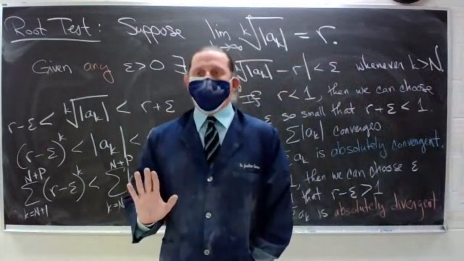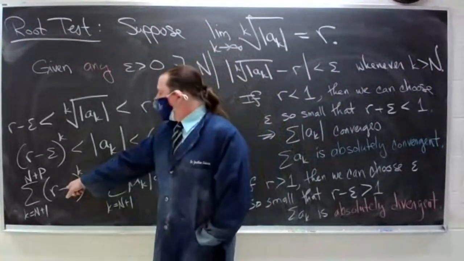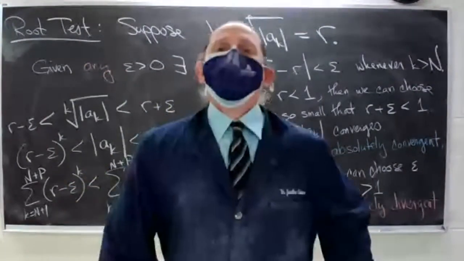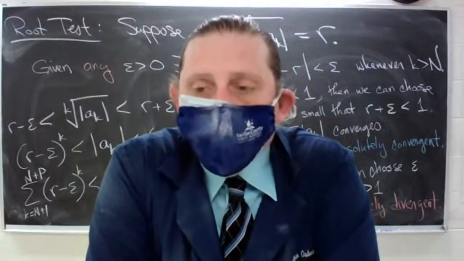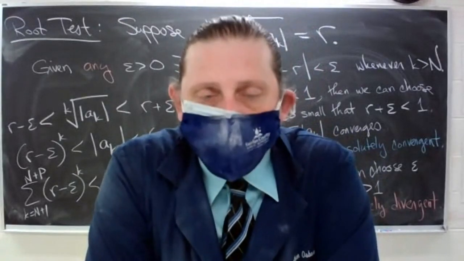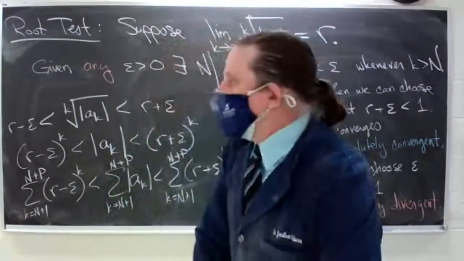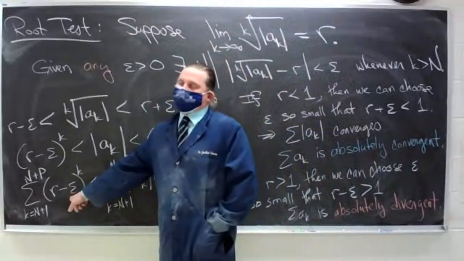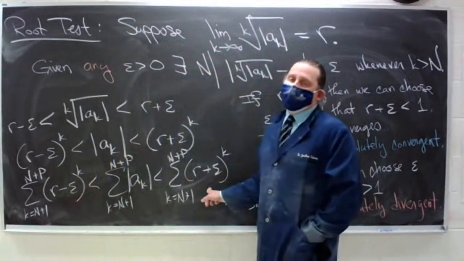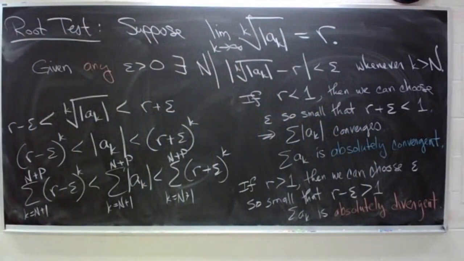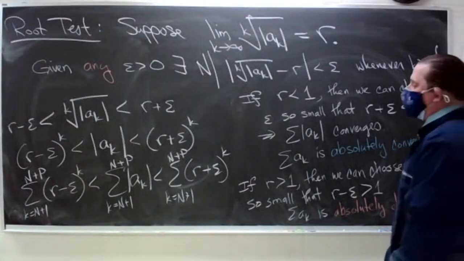If r equals 1, look what we've got here. The geometric series on the left has a common ratio 1 minus epsilon. No matter how small epsilon is, 1 minus epsilon is still less than 1, so this series is convergent. On the other hand, no matter how small epsilon is, 1 plus epsilon is always greater than 1, so the series on the right is always divergent.